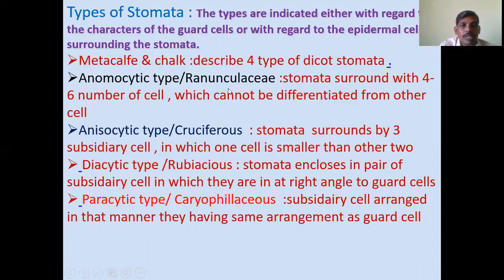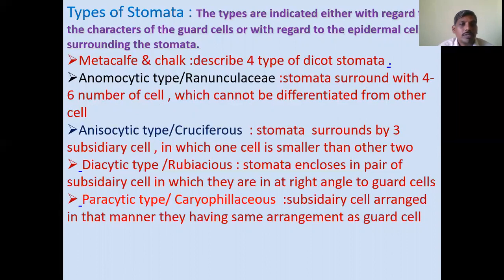First, anomocytic type or ranunculaceous type. In this stomata, the guard cells are surrounded by 4 to 6 cells, which cannot be differentiated from other epidermal cells, which look like the same type of epidermal cells.